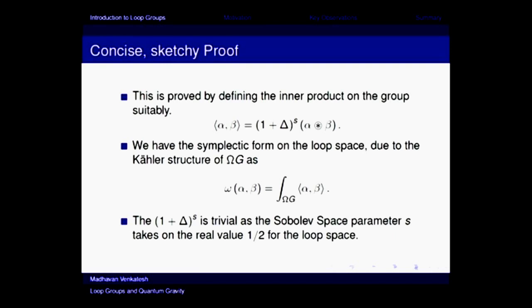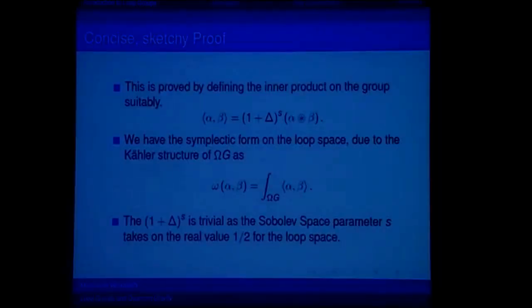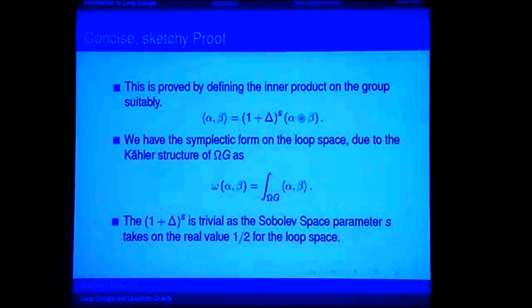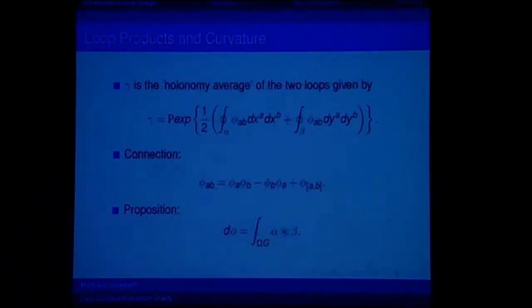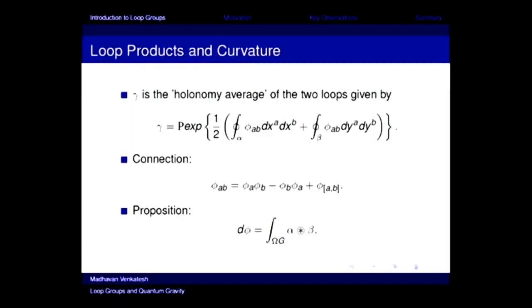And for the loop space, the S is the Sobolev space parameter, and that expansion becomes trivial for real values. So here it takes a value half. So this is the symplectic form that is defined in such a manner as the inner product. So from here it is easy to see that the curvature of the one form is this. This is justified.